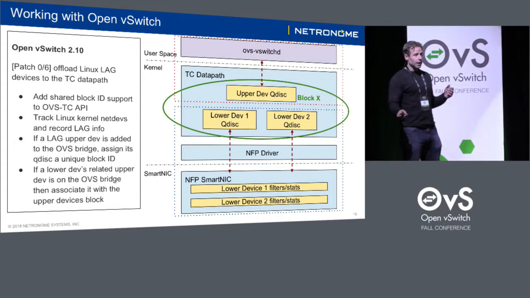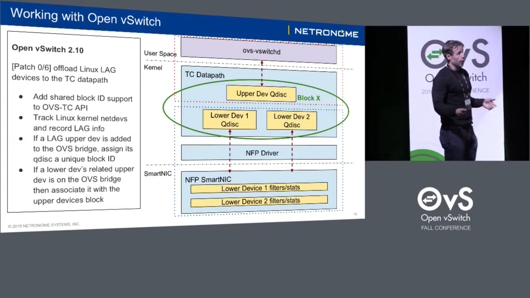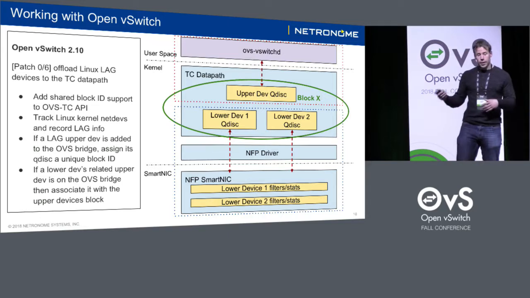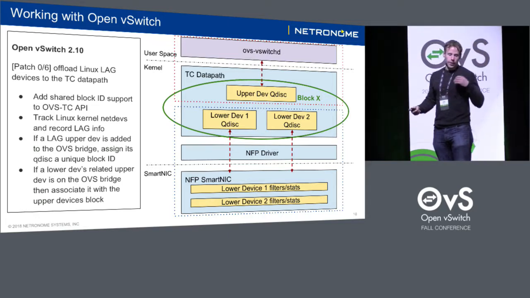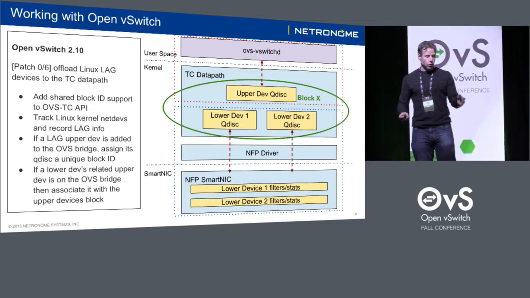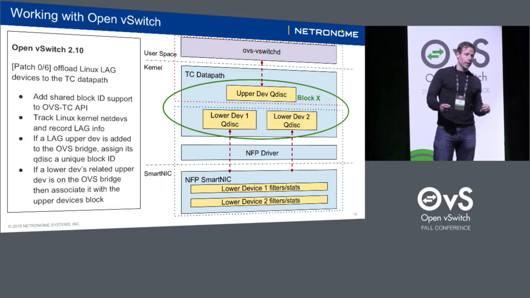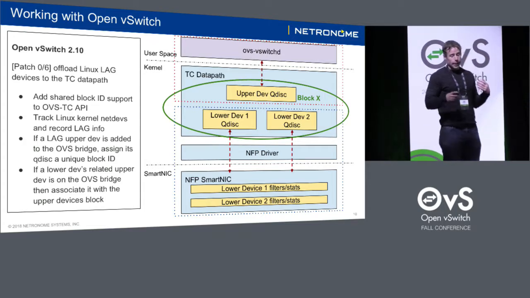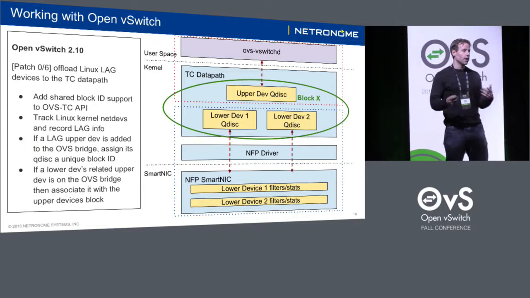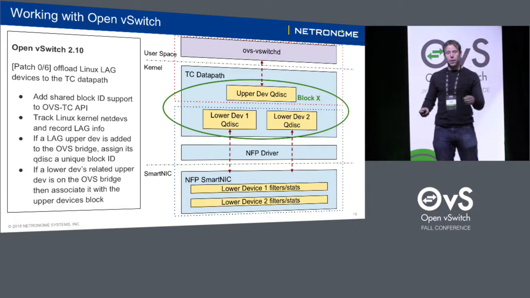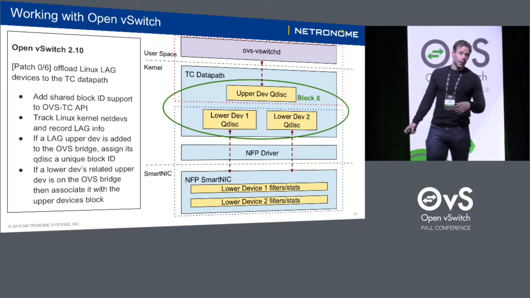The blue dashed line then shows what our driver knows about. It knows that it has these two lower level devices, and it knows that these have registered for hardware offload hooks that it cares about. Anytime it receives a filter, say, passed here, it will package it up and write it to the SmartNIC.